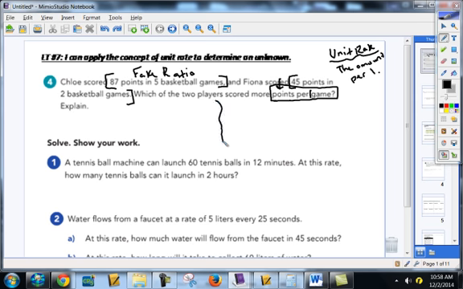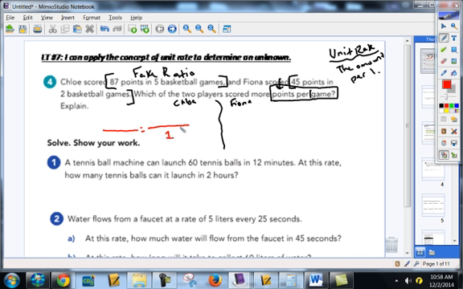So we're going to have 2 separate proportions here. Over here will be Chloe's, and then we're going to figure out Fiona's over here. Now, as you think back to when we did unit rate for chapter 4, we remember the 1 always goes in the bottom right. That's just the way unit rate is.